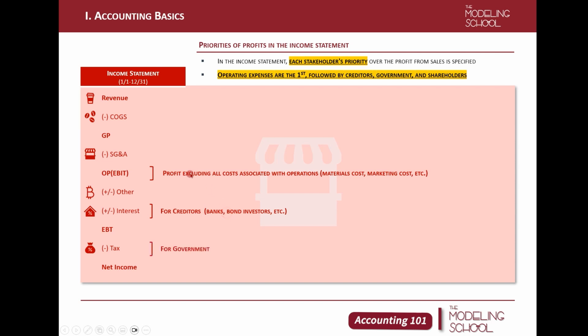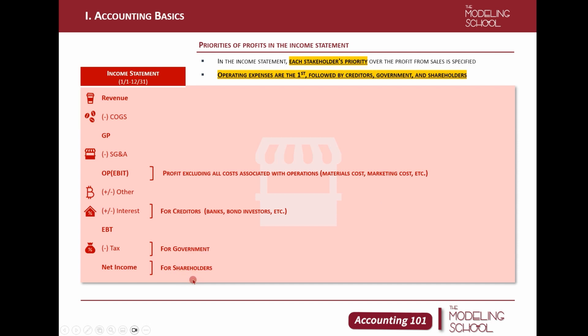The next priority would be the government. If there's nothing left over until earnings before tax, if the company has paid off a huge interest and there's nothing left to take as corporate tax, the government cannot declare tax for the company. So the government can only take the tax when there's something left over from all these activities. And the last priority would be the shareholders.